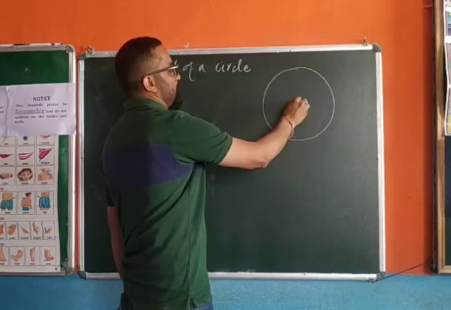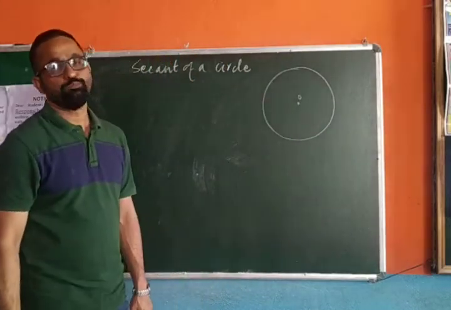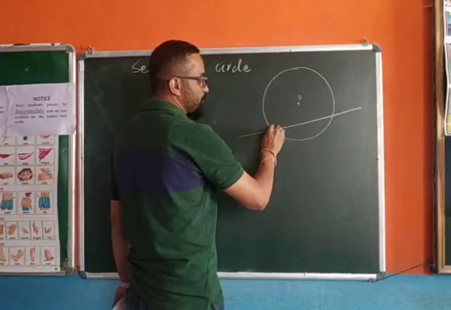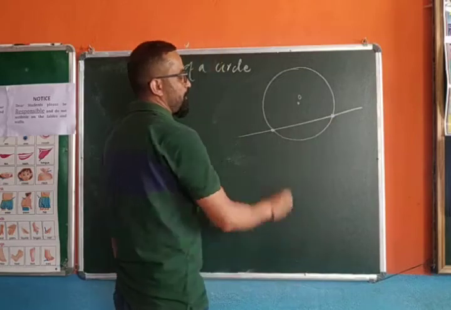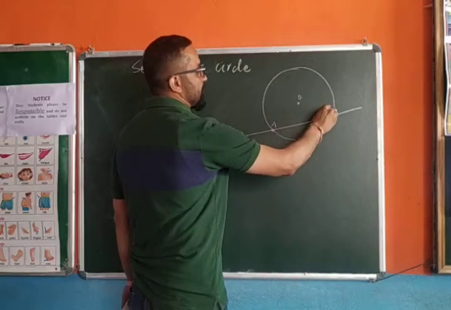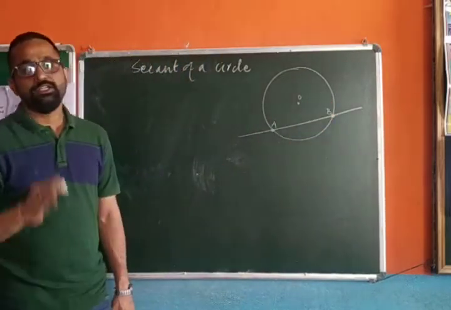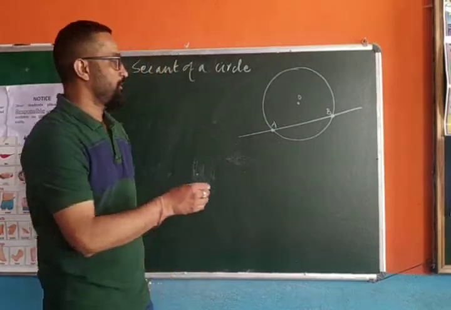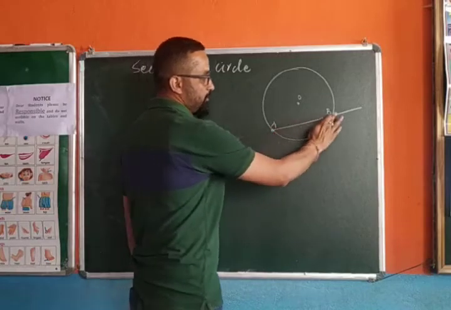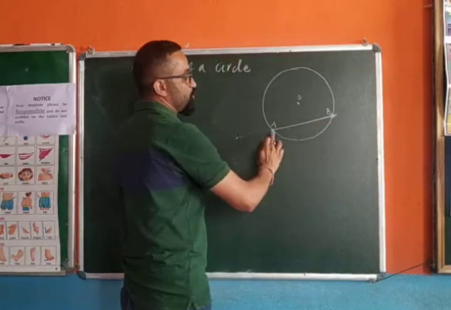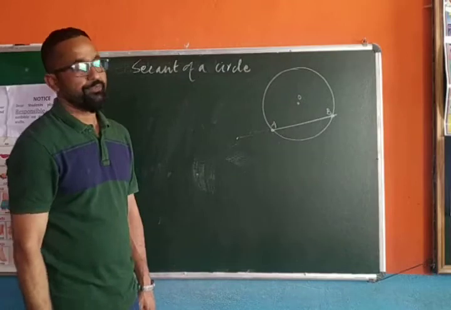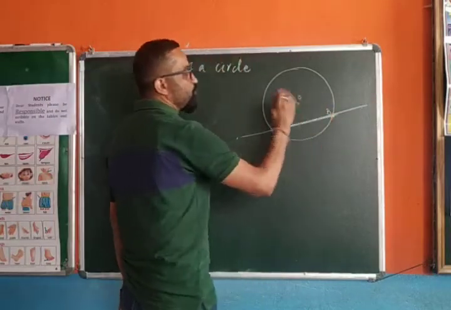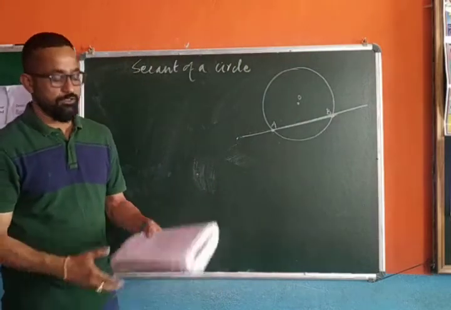So you have a circle with center O. A line which is passing through 2 points of the circle is known as a secant. The difference between chord and secant: a chord is the line segment joining 2 points, and a secant is a line joining 2 points of the circle.